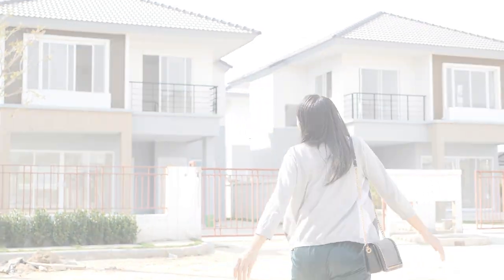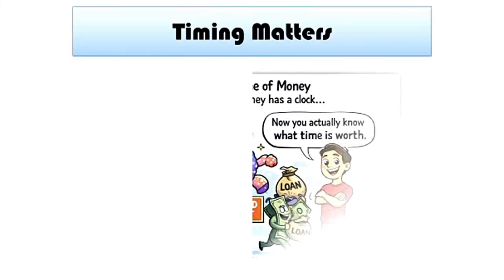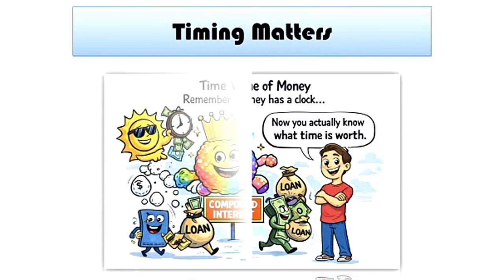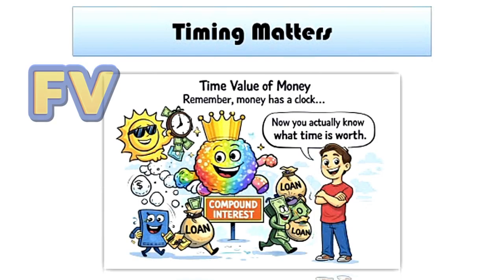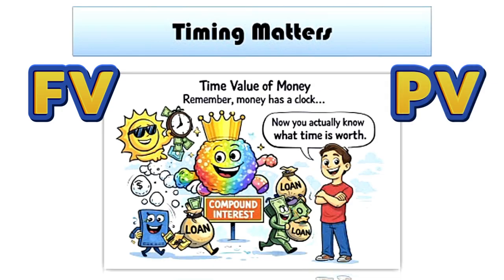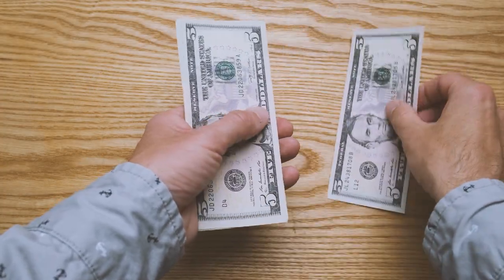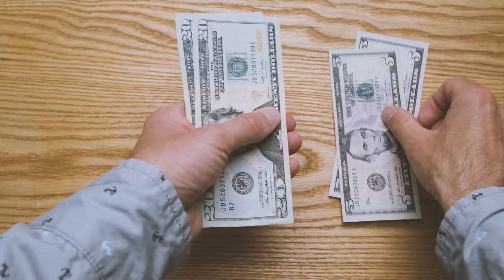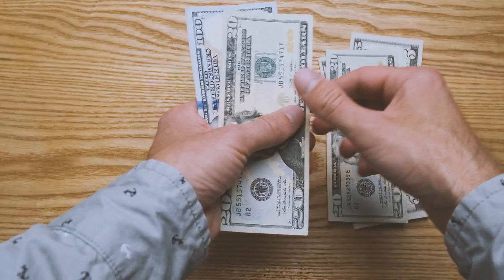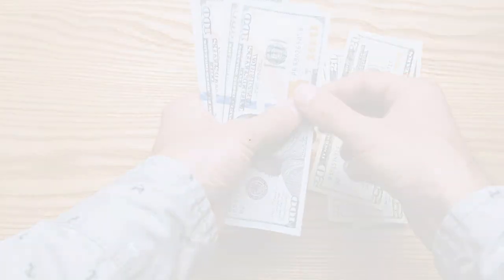At the end of the day, time value of money is just the reminder that money has a clock, and ignoring it gets expensive. The FV and PV formulas help you make smarter calls when saving, investing, or borrowing, and they're the foundation for bigger ideas like annuities and more complex cash flows.